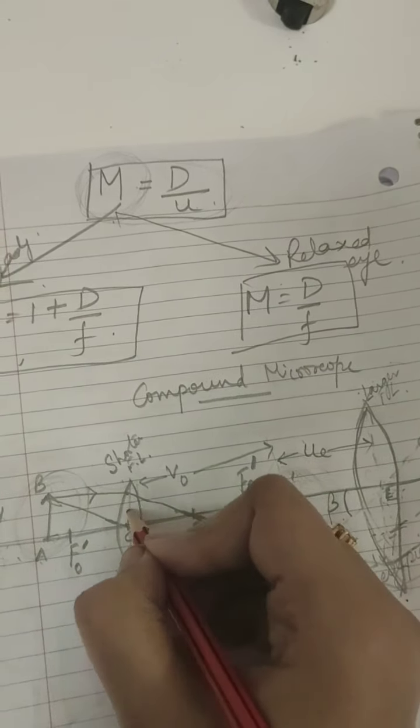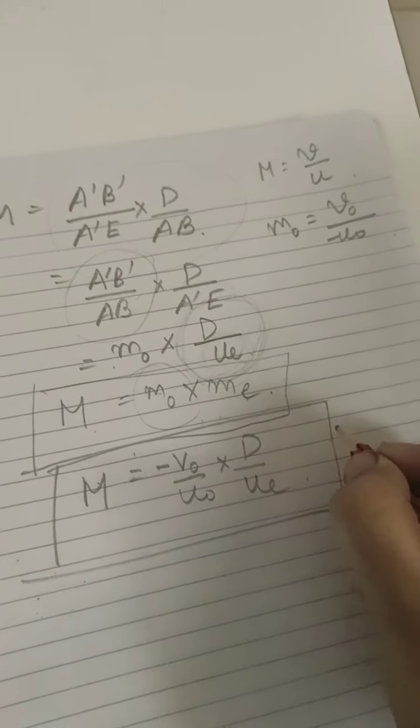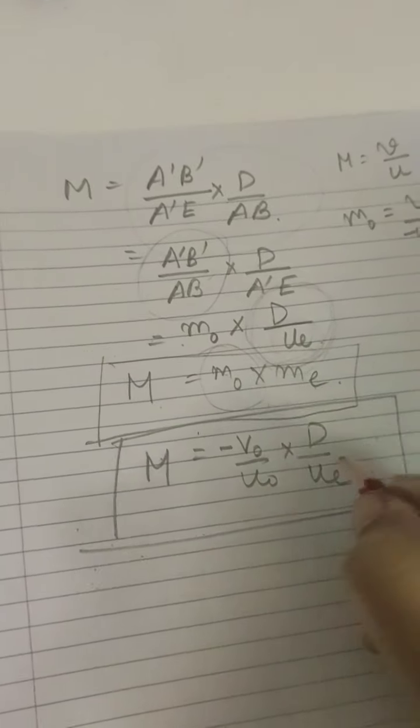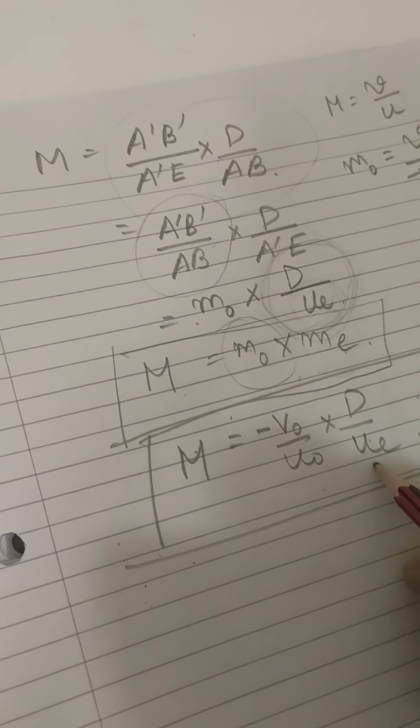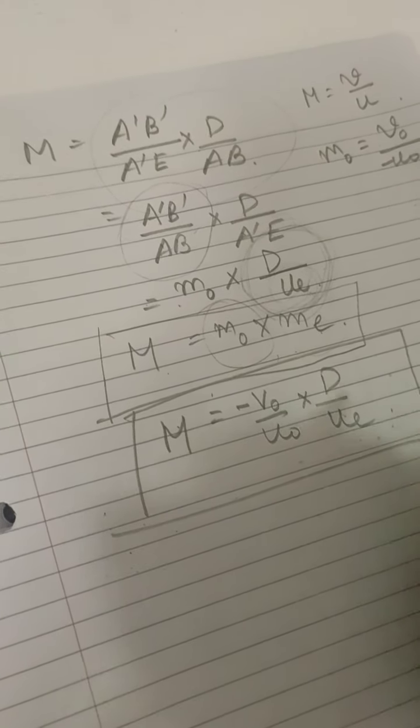UO is negative because it is on the left hand side of the lens, the negative x-axis. So MO is VO by minus UO. So minus VO by UO into D by UE. This is the magnifying power of a compound microscope.